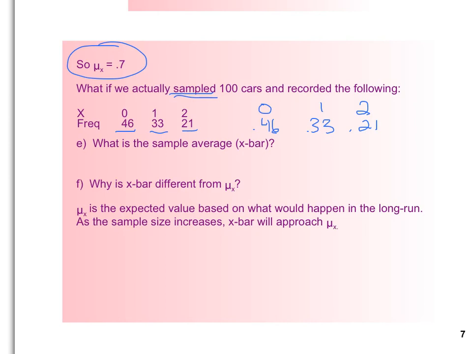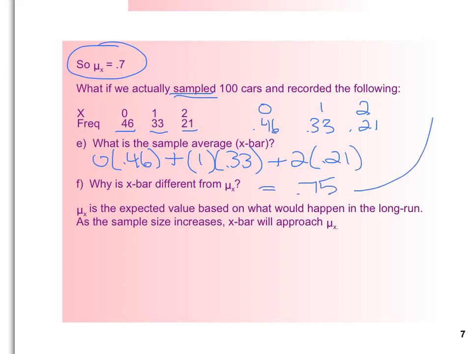So if you multiply these, you end up getting 0 times 0.46, 1 times 0.33, and 2 times 0.21. We end up getting 0.75.